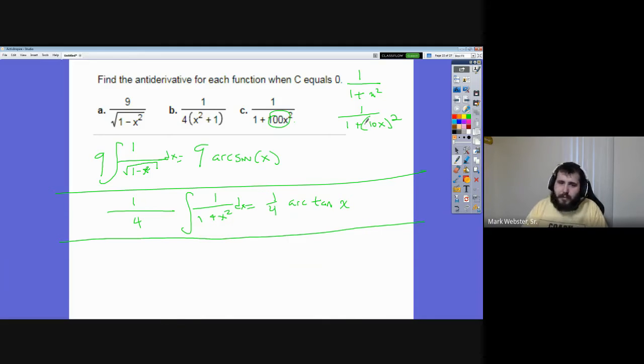Normally we would be multiplying by 10, but since we're integrating, we're dividing by 10, right? So the integral of 1 ends up with 1/10 tangent of 10x. Tangent inverse, arc tangent. There we go.